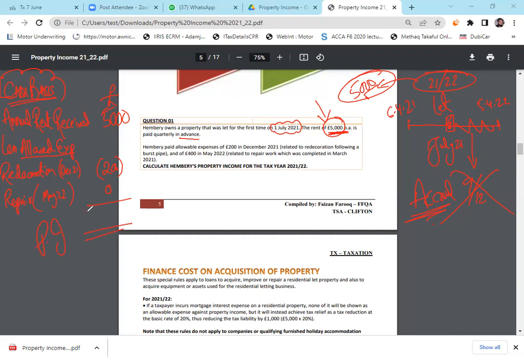If it is paid after the tax year, it must not be included, although it relates to my year end because the pipe busted in March. But no, we will only focus on money. So money paid in May 22, which is outside the tax year, so we are going to ignore it.